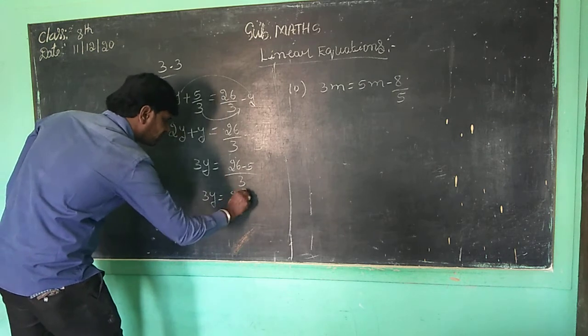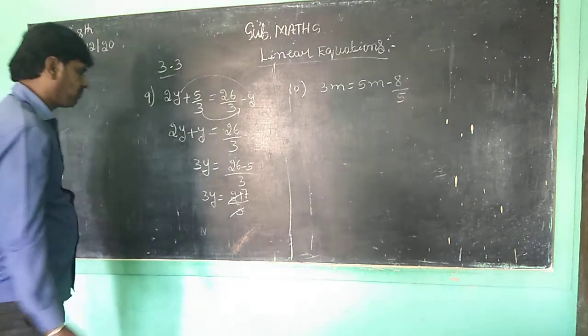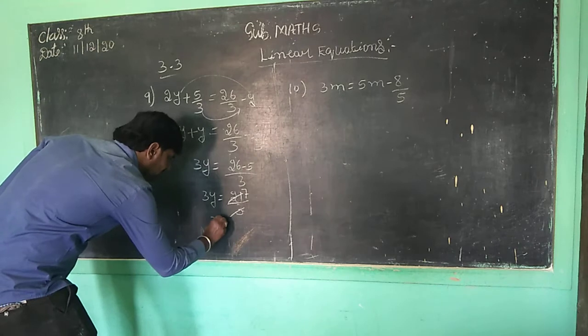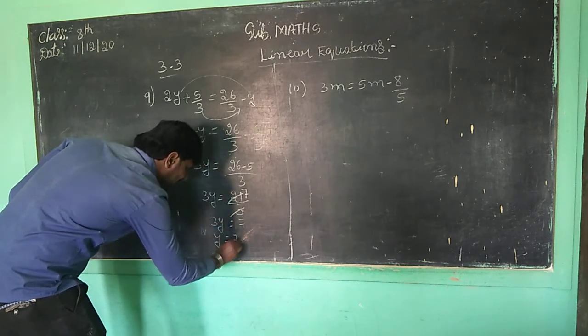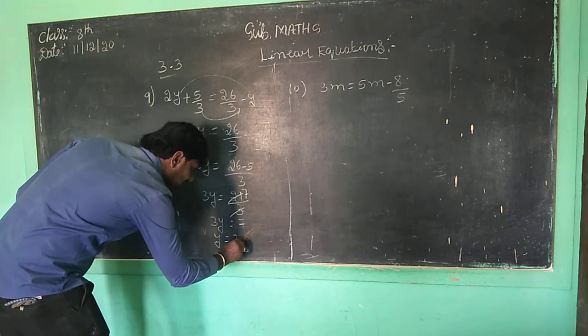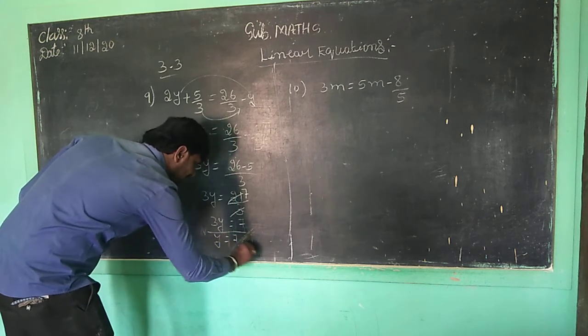Cancel it. 3 7s are 21. 3y is equal to 7 means y is equal to 7 divided by 3.